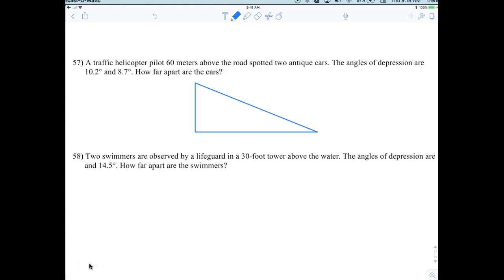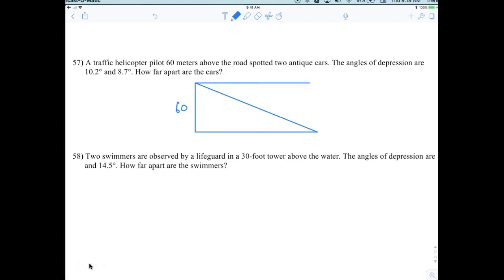A traffic helicopter pilot 60 meters above the ground spots 2 antique cars. The angles of depression are given. So here we go.